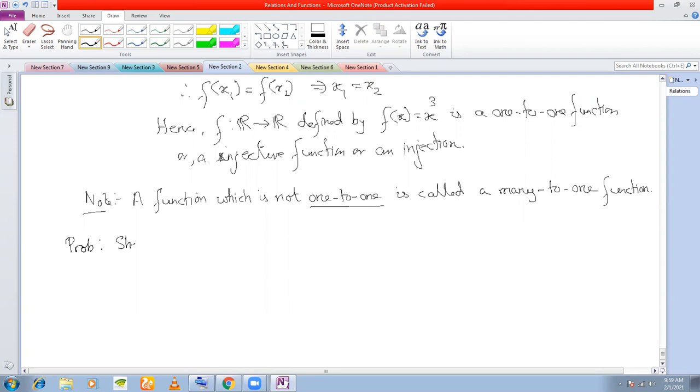Show that f from R to R, real numbers to real numbers, defined by f(x) is equal to mod x is a many-to-one function.